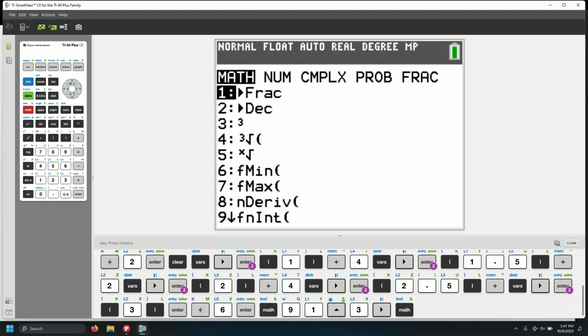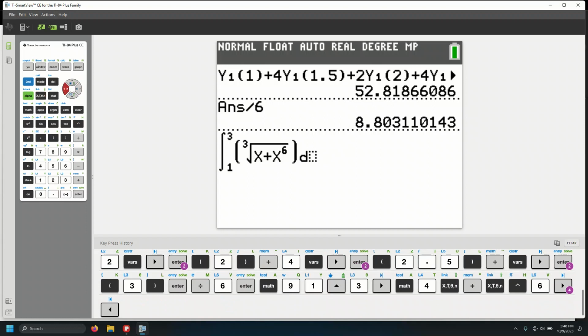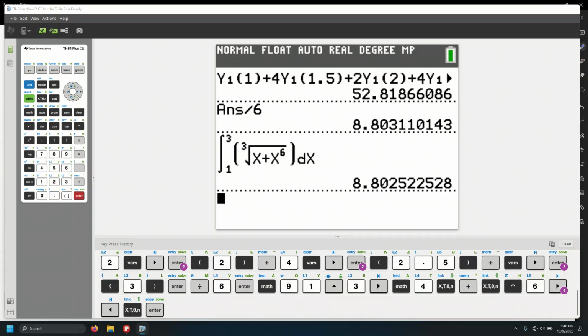Math, number 4 for the cube root, for the cube root of x plus x raised to the 6th power dx. And click enter. 8.8025.